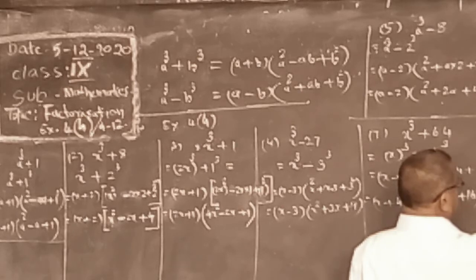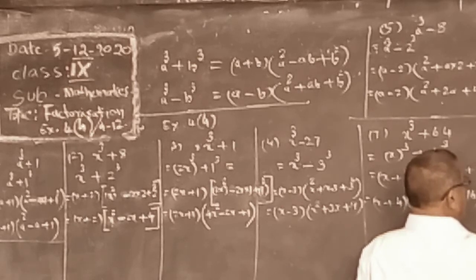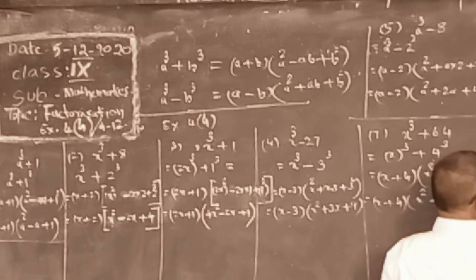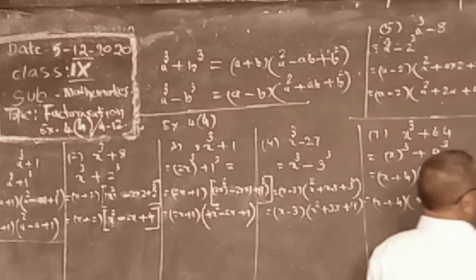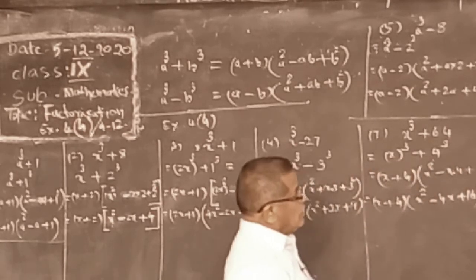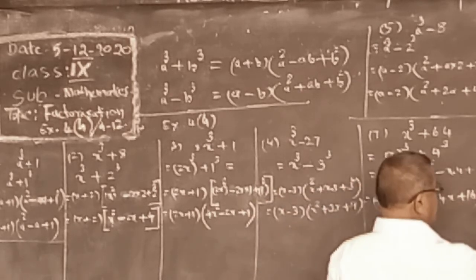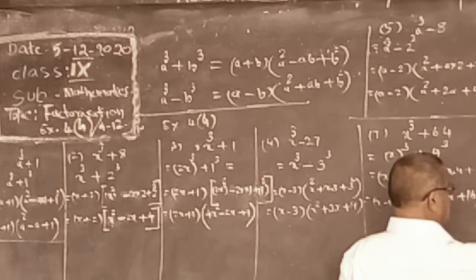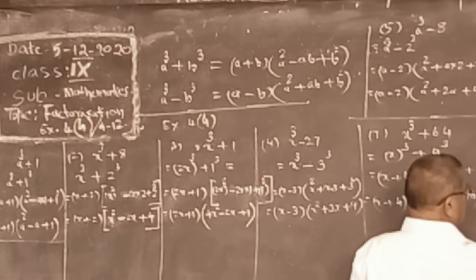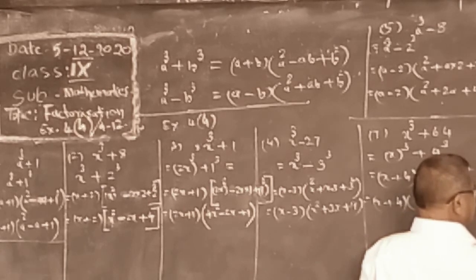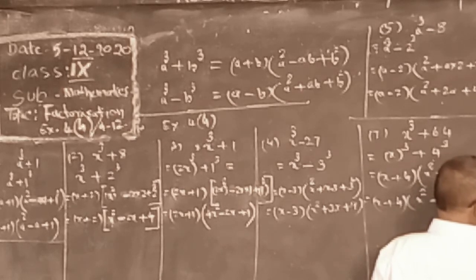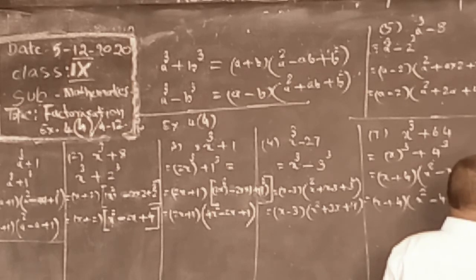Eighth. This is (2a) whole cube minus (t squared) cube. Then (2a minus t squared) into ((2a) squared plus 2a into t squared plus (t squared) squared).